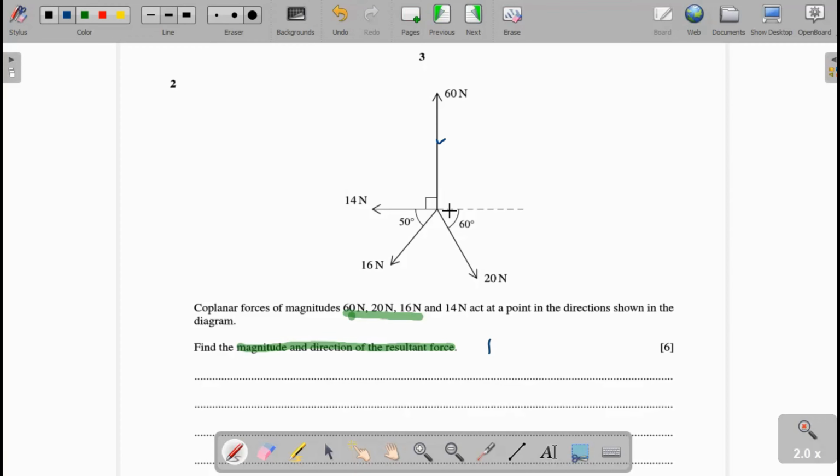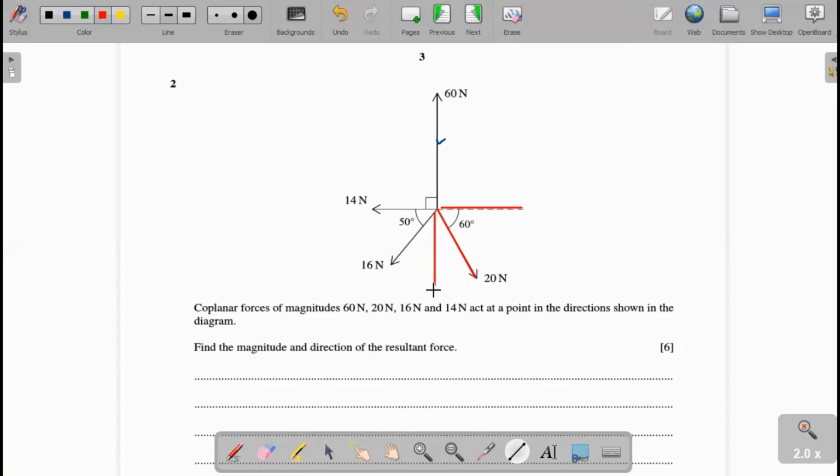Firstly, we resolve these forces into components. Here the first force we take as the 20 Newton. This is the 20 Newton force. And the component of this 20 Newton force along the horizontal, that is the horizontal component. And same as the vertical component, that is the vertical component.